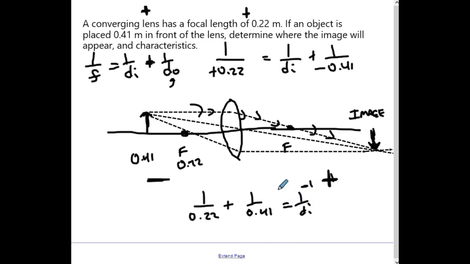And if I then take the reciprocal of both sides, I'll solve for DI. So DI is going to be 1 over 0.22 plus 1 over 0.41. And if I reciprocal that, I get a DI value of 0.143.